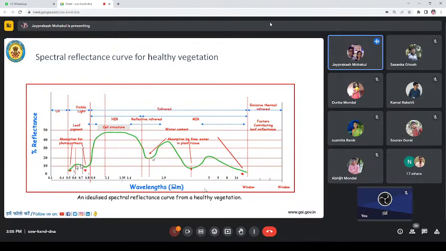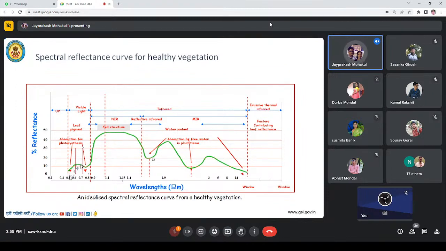If you compare a healthy vegetation spectral curve with others, because this curve is for a particular pixel. Is it understood? Each pixel will have different values. Let's say I'm having 10 bands, so each pixel will have one DN value for a particular band.